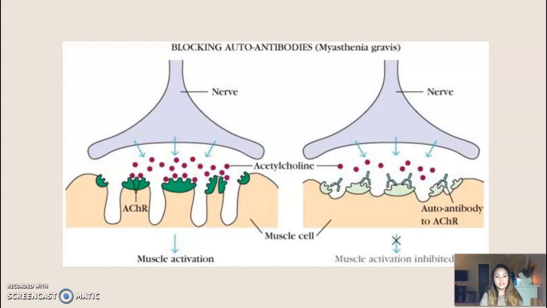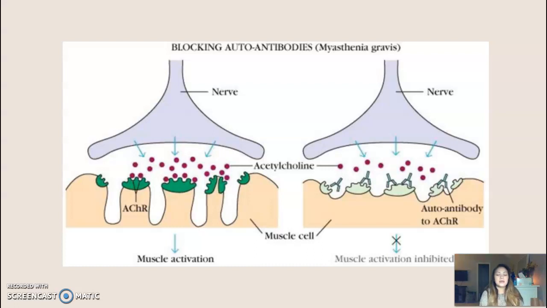So this figure here shows exactly what I was just talking about for the acetylcholine receptors. You can see that the purple figure or shape is the nerve, and it's releasing these acetylcholines, which are the little purple dots. And the muscle cell on the bottom has these green shapes attached on them, and those are the acetylcholine receptors, and it has these little clefts which are meant to bind to the acetylcholine and trigger muscle activation.